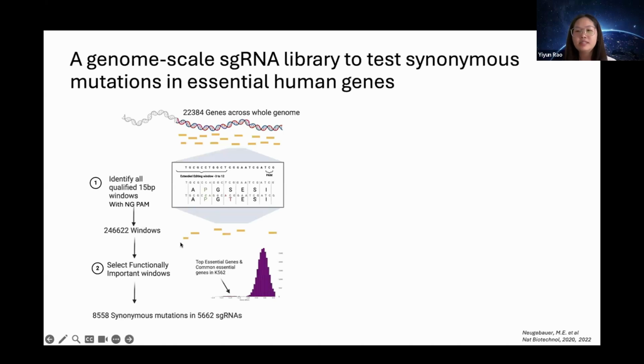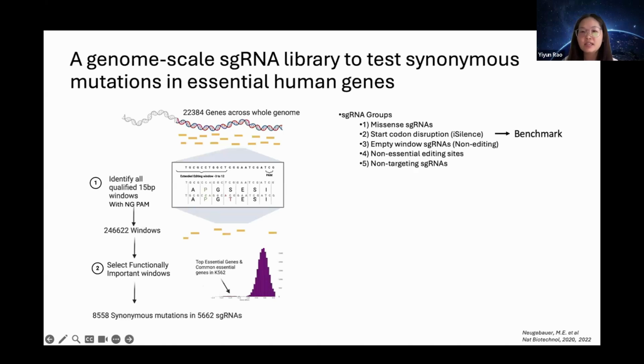And then from there, we selected a final set of around 5,600 sgRNAs, and those sgRNAs are located in genes that are strongly essential in almost all the cell lines. And those sgRNAs are predicted to make around 8,000 synonymous mutations. Alongside those synonymous sgRNAs, we have a wide range of controls. We have positive controls, which are missense sgRNAs and start codon disruption sgRNAs, and those ones are called iSilence.